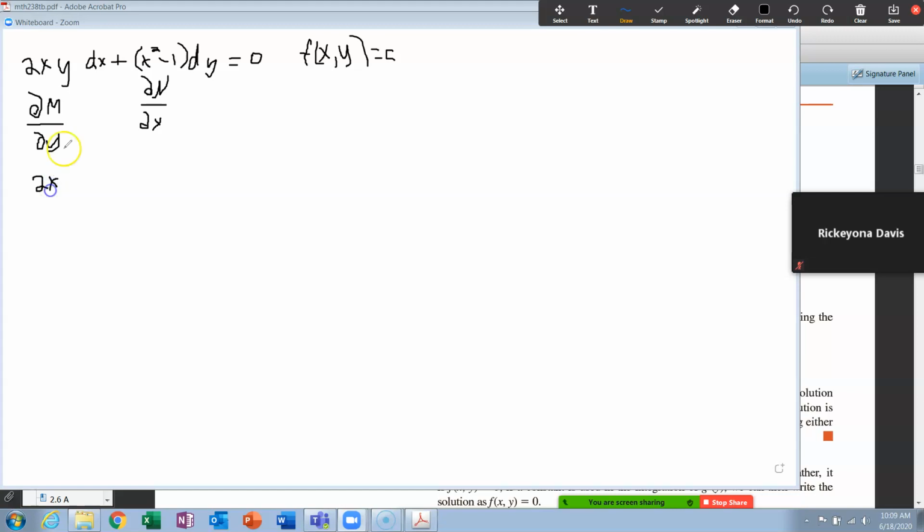Because this is linear in y. Derivative with respect to y would be 1. So the coefficient here is 2x. Let's take the partial of this N with respect to x, the other variable. Well, partial of that with respect to x is again 2x.